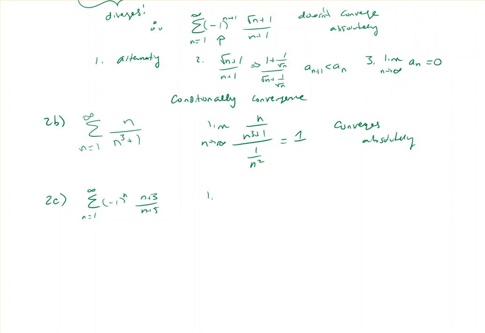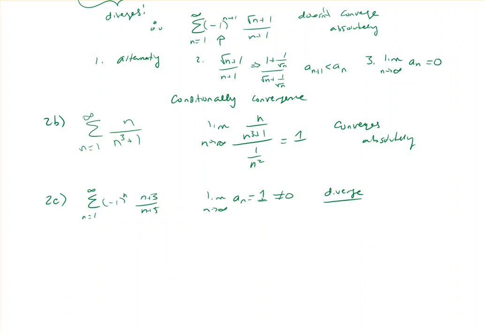The limit equals 1. So not only does this diverge by the divergence test, but it also doesn't meet requirement 3 of conditional convergence, right? It's not equal to 0. So it's definitely going to diverge.